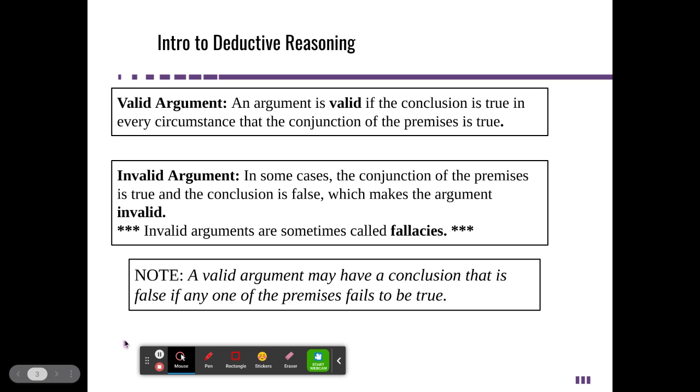There we go. All right, so valid argument. This is a review from our last section. An argument is valid if the conclusion is true in every circumstance that the premise is true. Remember, a conjunction is an and.